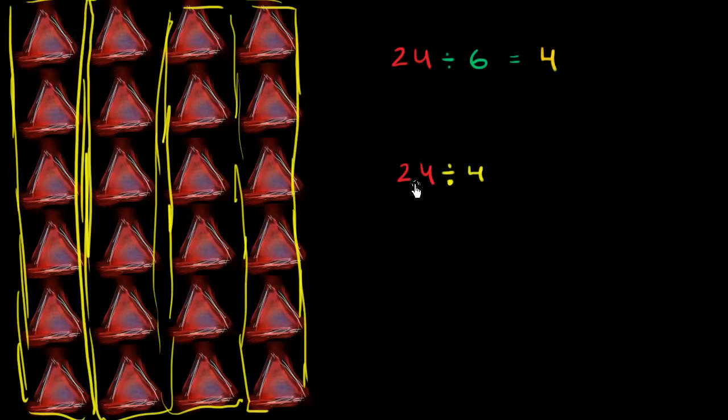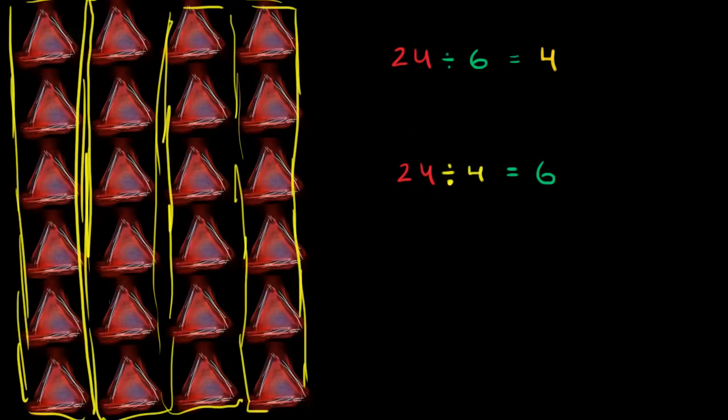Now let's think about what 24 divided by 4 is. If I view 24 divided by 4 as taking 24 and dividing it into 4 equal groups, I've just drawn that. I have 4 equal groups, and in each group I have 6. So notice, 24 divided by 6 is 4. 24 divided by 4 is 6.